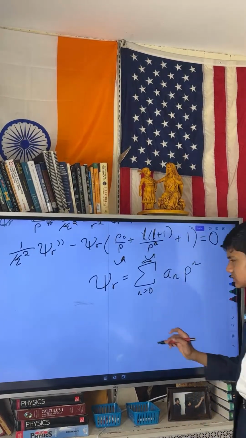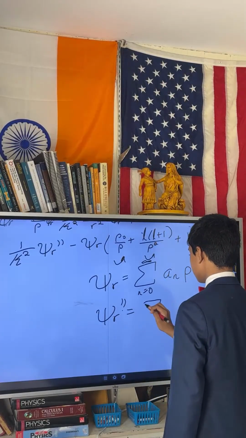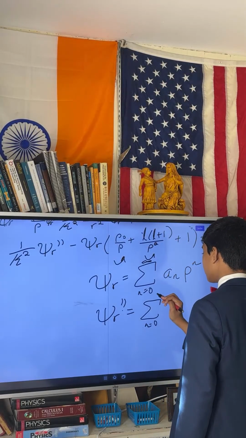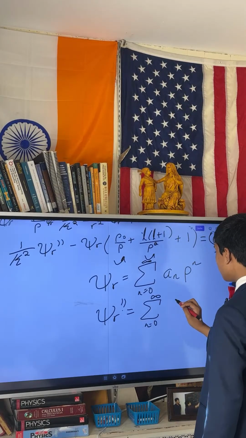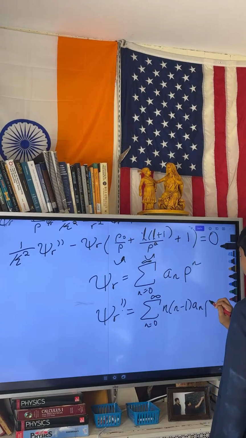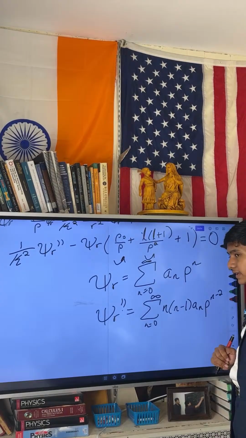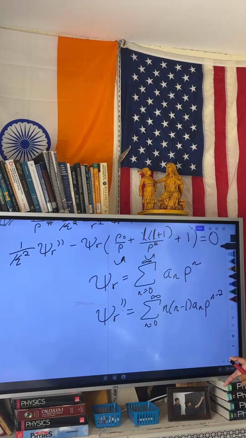So then, psi r double prime is, of course, the sum from n equals 0 to infinity of n times n minus 1 a n rho to the n minus 2. And notice that the terms for n equals 0 and n equals 1 both go to 0.